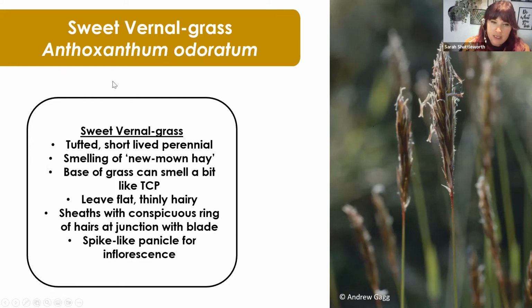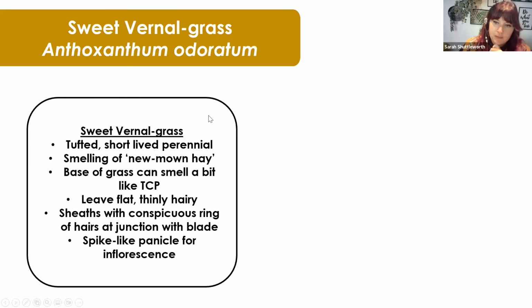But one of the really distinctive things about sweet vernal grass is that the leaf sheaths, which is basically where the leaf is still encircling the stem of the grass before it comes out as a main leaf, have a conspicuous ring of hairs at the junction point with the blade. Also, the inflorescence is a spike-like panicle, so it looks pretty much like a spike, but if you were to pull it apart, you'd see that there were little pedicels. But it very much looks like a spike.